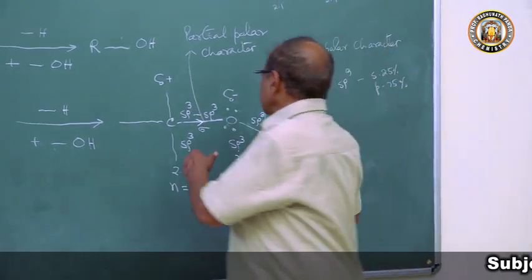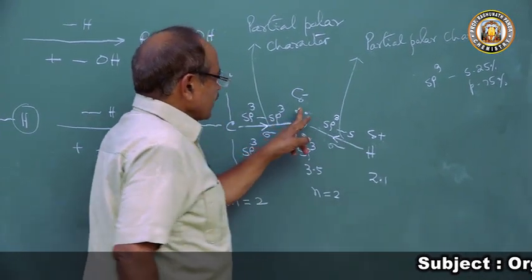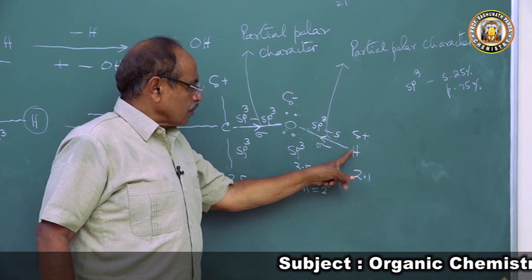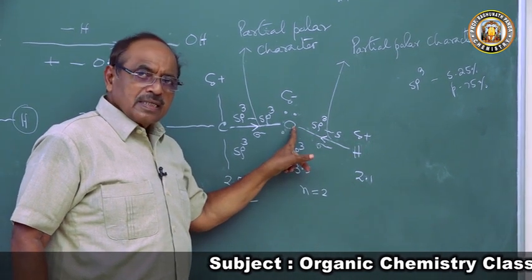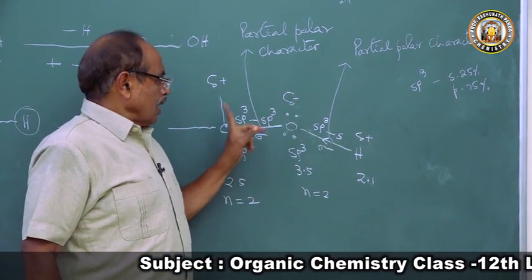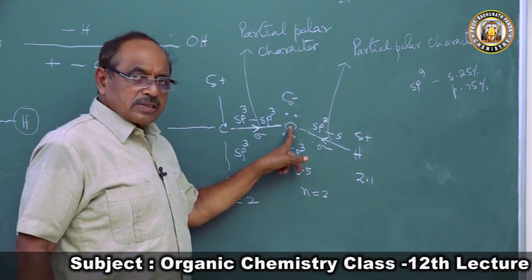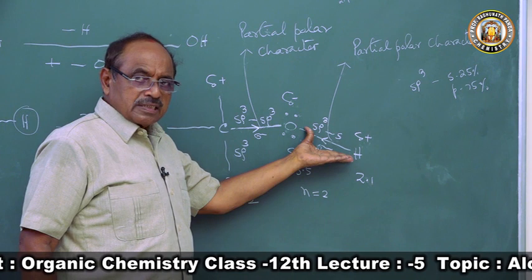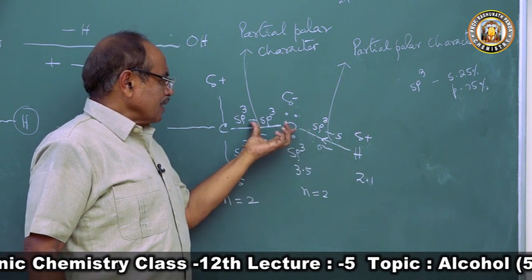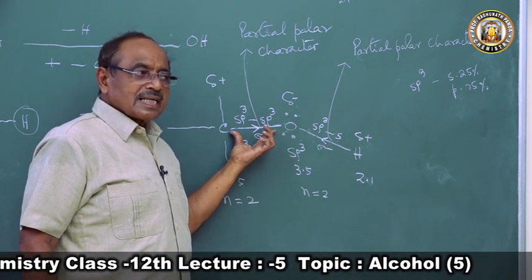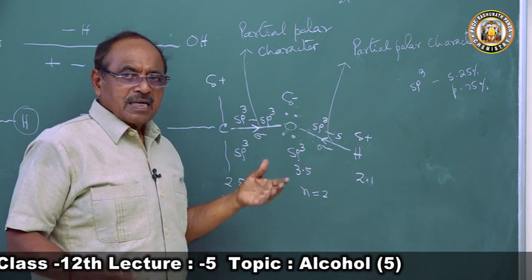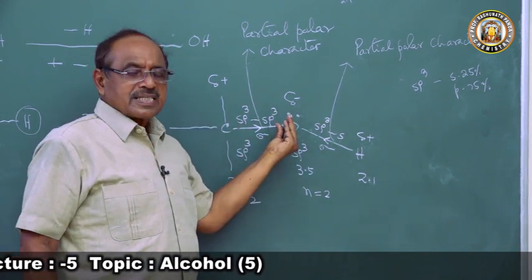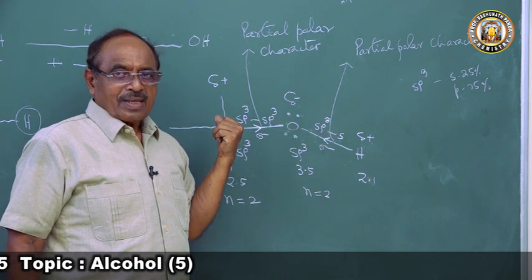Why? Because the electron density at the oxygen atom has increased. The electron pair goes towards oxygen, there is negative charge. Delta negative charge due to this electron displacement. So because of displacement of two electron pairs, a dense negative charge is created at the oxygen atom.